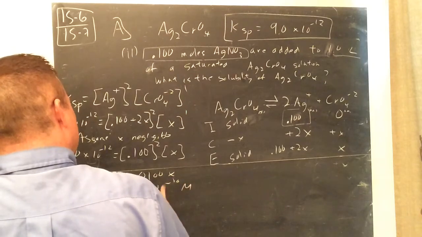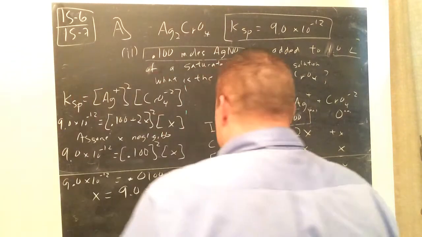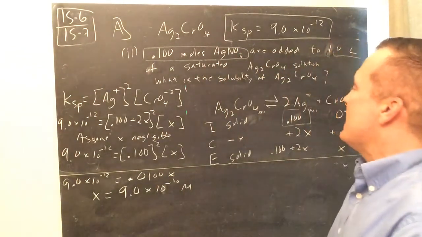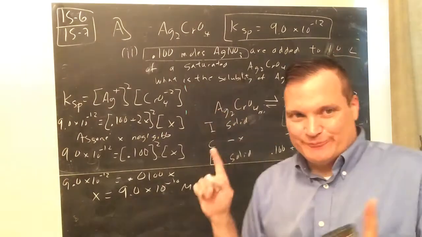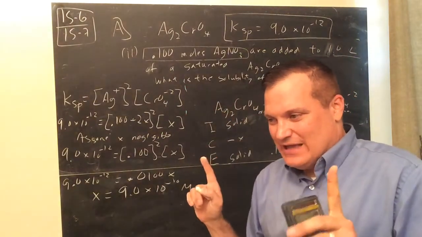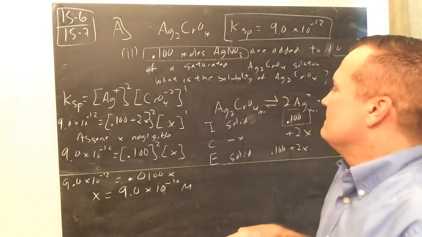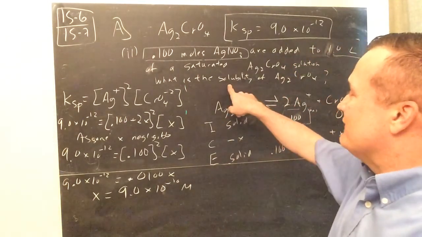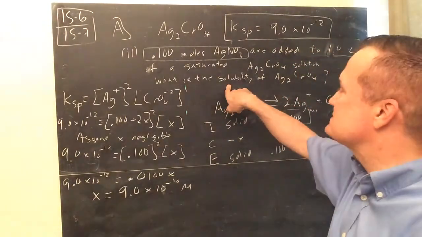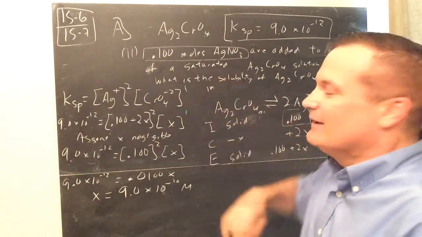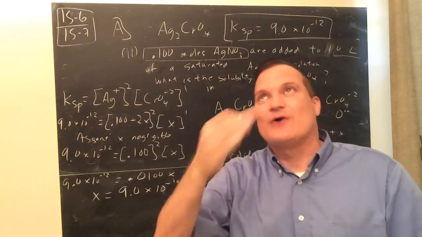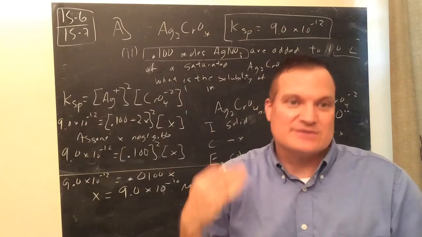Molar. Now what did we just find? We found the solubility. And I'll tell you the same thing with AP. They'll say the solubility in mole per liter or in gram per liter, something like that.